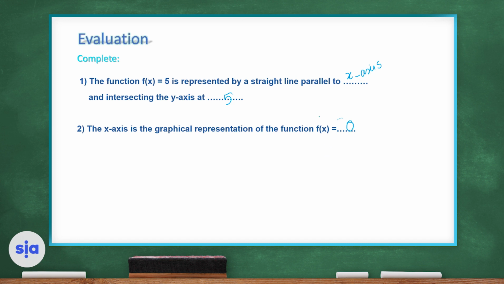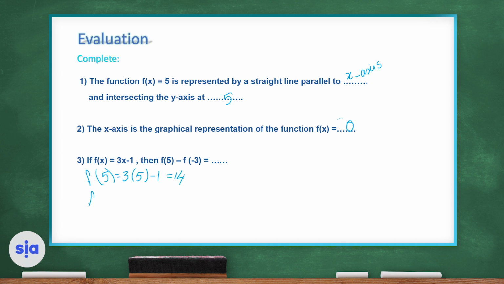Question 3: if f of x equals 3x minus 1, the question wants us to find f of 5 minus f of negative 3. Let's find f of 5 separately. f of 5 equals 3 times 5 minus 1, so it's 14.